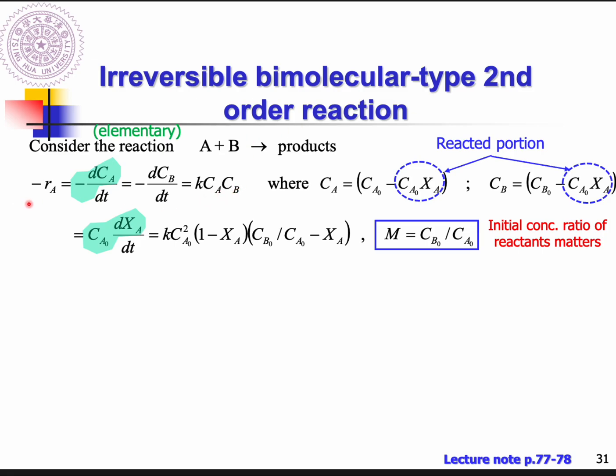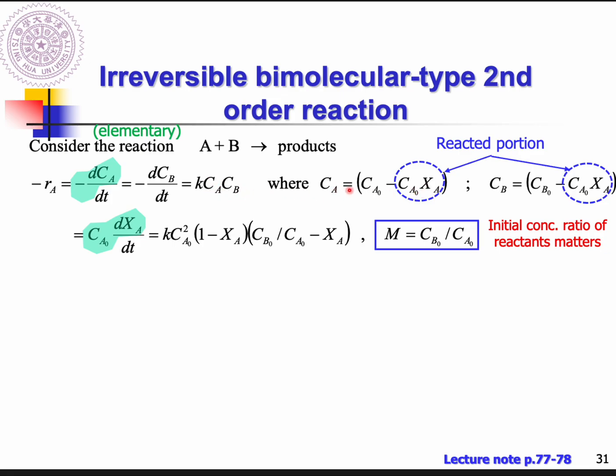And don't forget, our purpose is actually to express this rate equation in terms of XA and t. So next I'm going to do some substitution: substitute CA and CB in terms of XA. Okay, so what's CA?